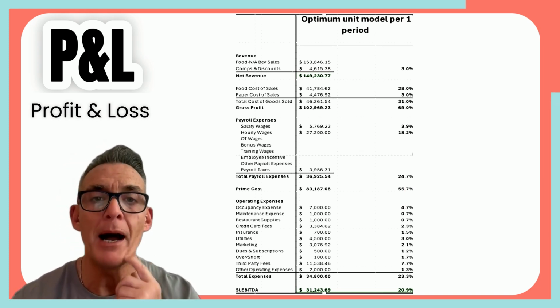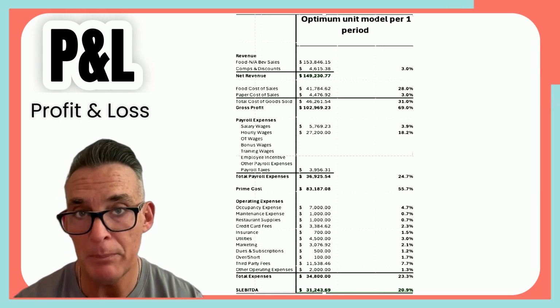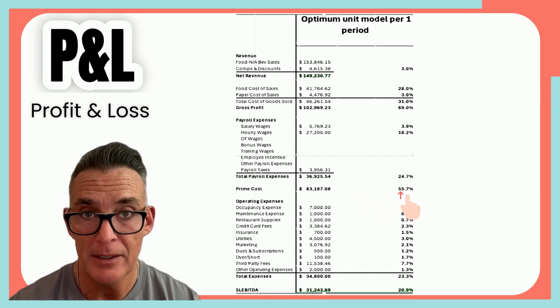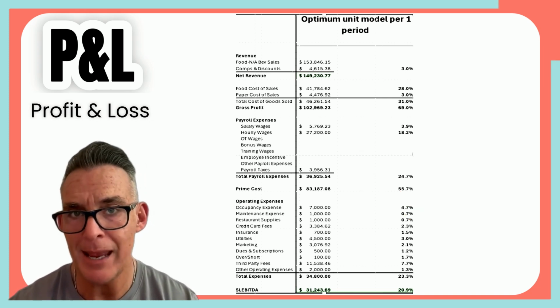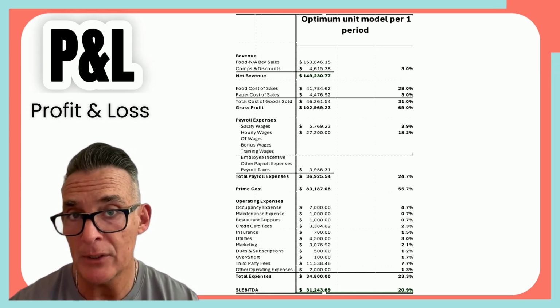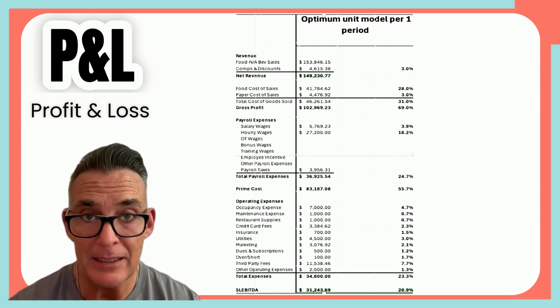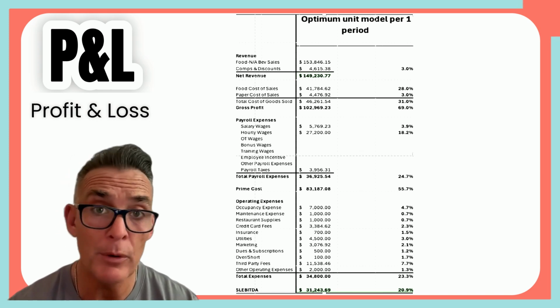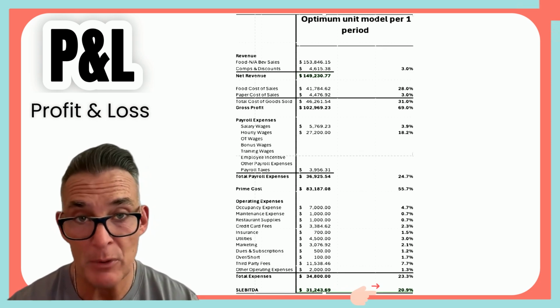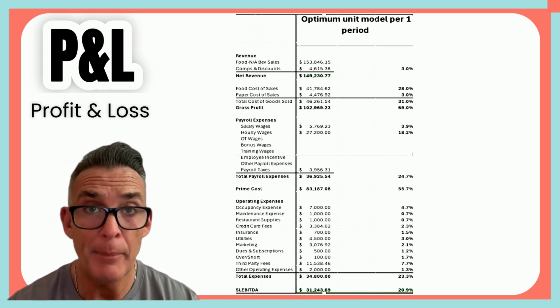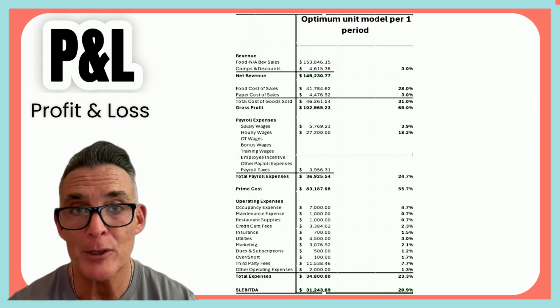And those numbers combined, like we said, should be below 60%. And in this case, it is. And then we look at the rest of our expenses. And in this example, my rent is pretty low. I got a good deal on it. And at the end of the day, I'm net profiting somewhere around the 20% mark, which, if I was actually doing these numbers, I'm a happy camper and I'm looking to open more restaurants.